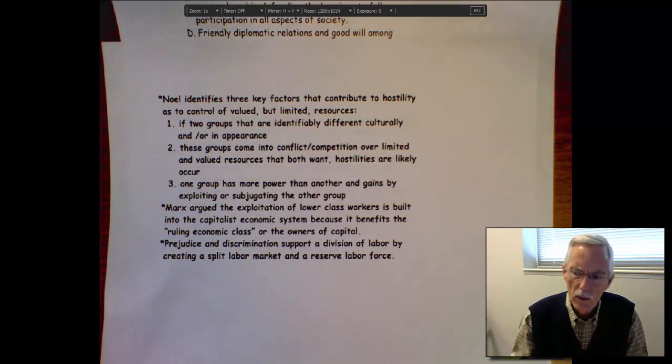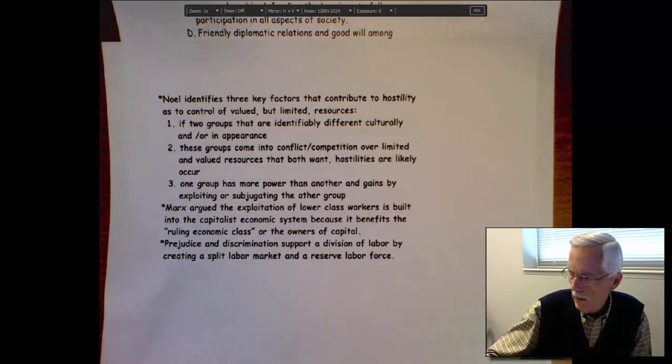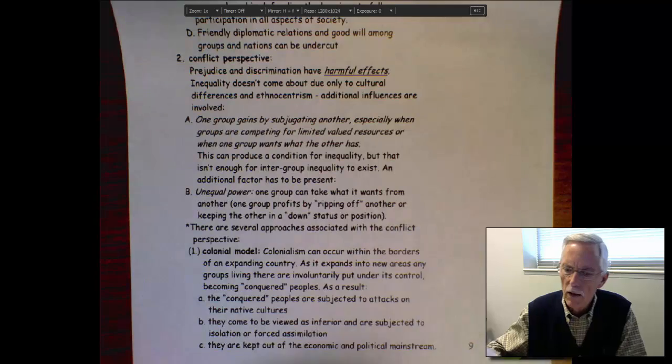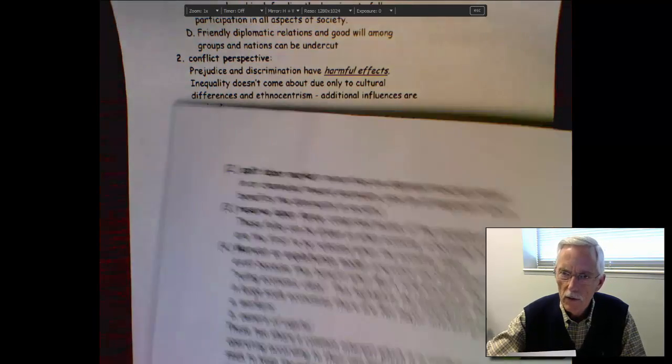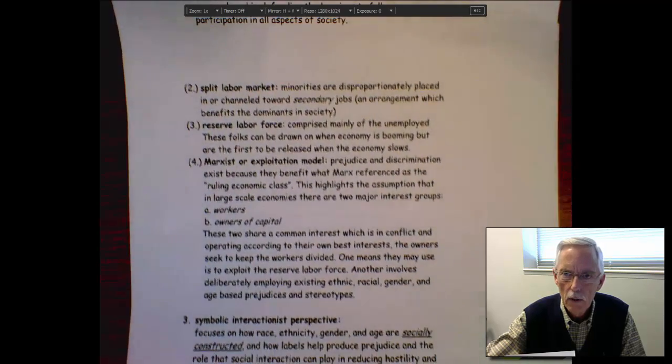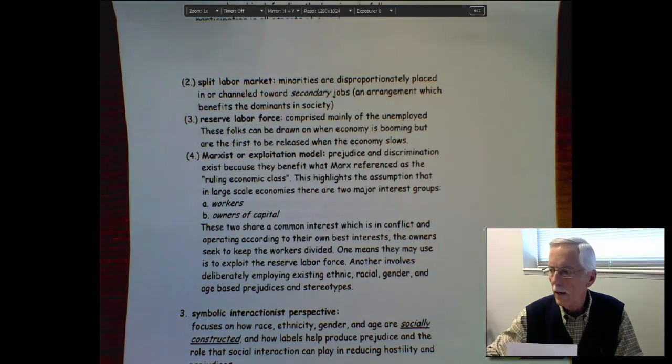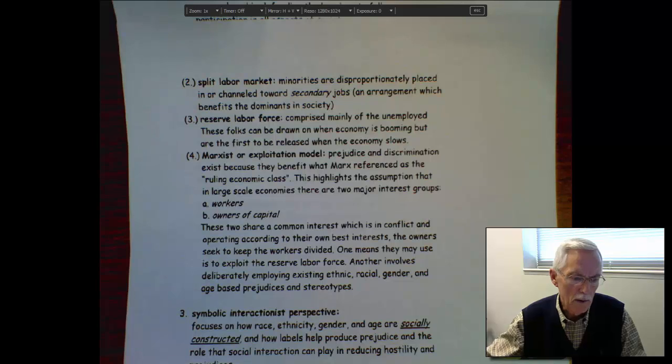Let's focus on split labor market for just a moment. And you can find some information linked to this at the top of the 10th page of your second study guide. Split labor market essentially implies that minorities are disproportionately pushed into secondary jobs.